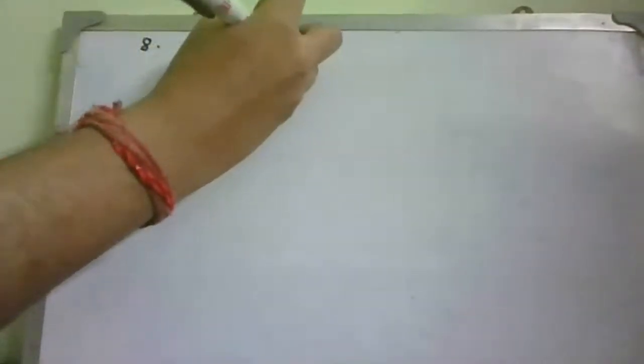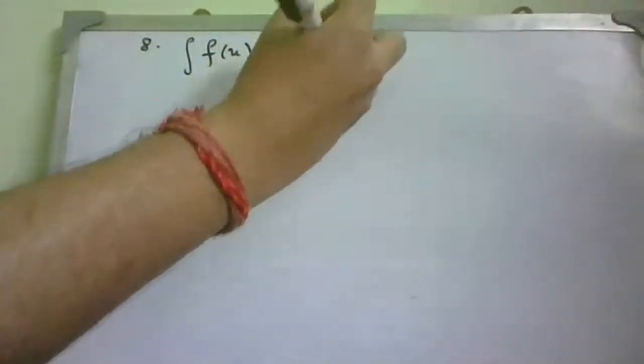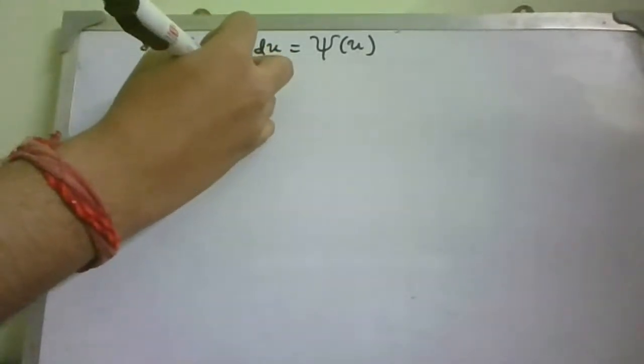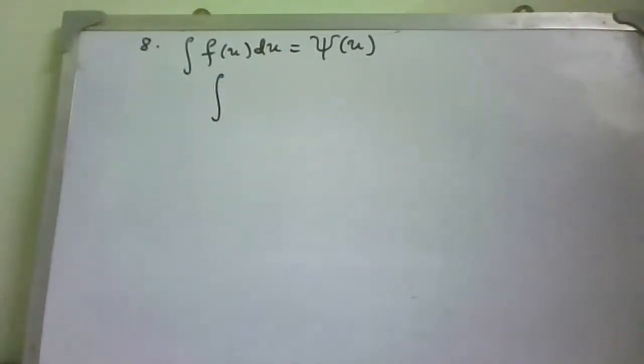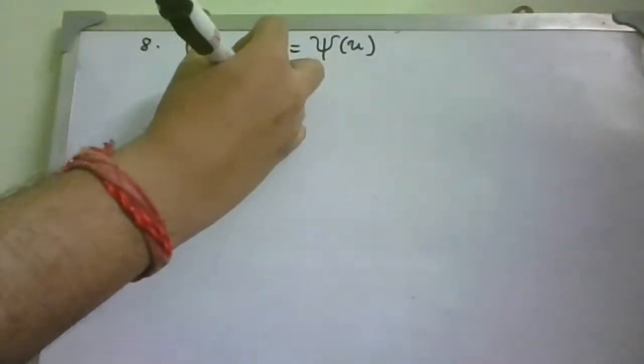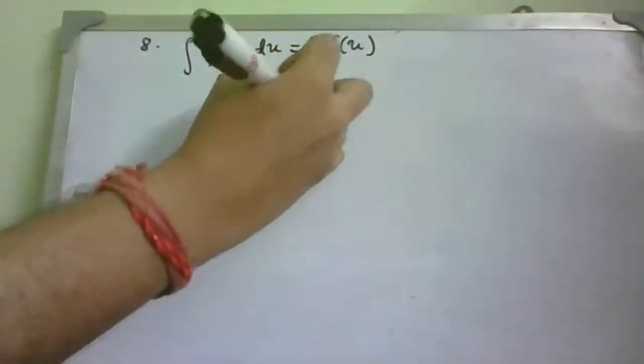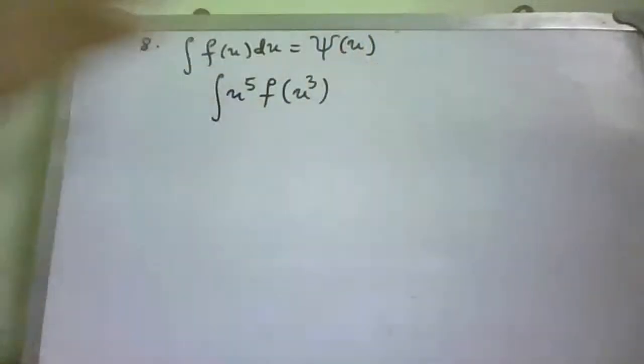Question number 8 says, if we have an integral of f of x which is equal to some psi of x, we need to find the value of the integral of x to the power 5 times f of x cube.